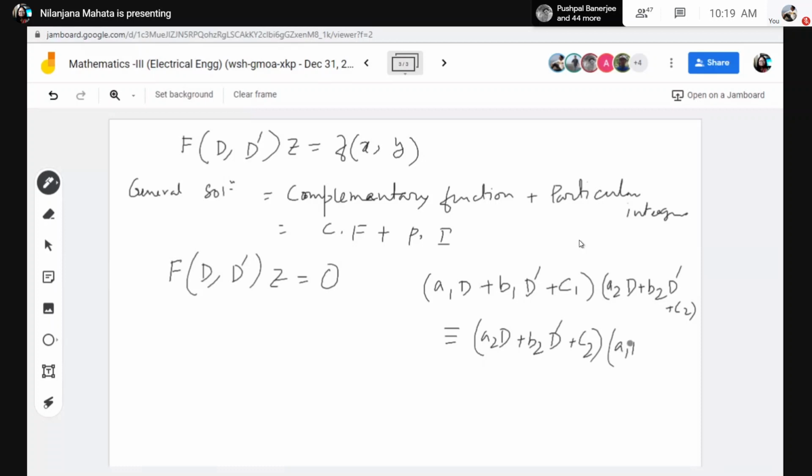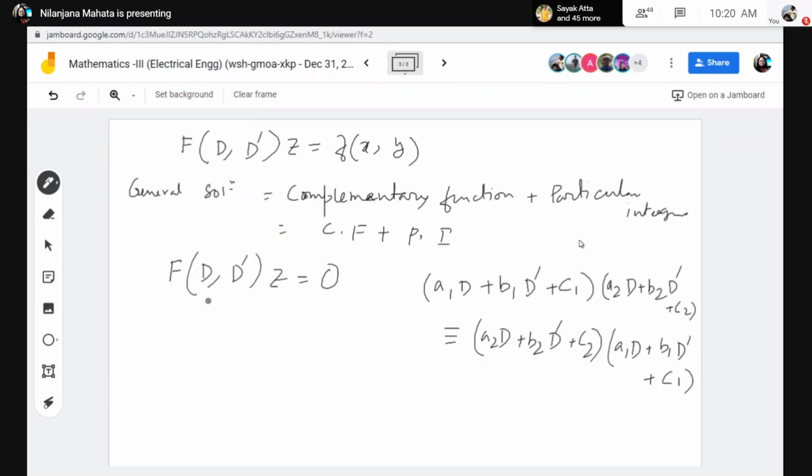I am not giving you the proof, but if someone is interested, there is the proof. So in either way you write down your factors, it doesn't matter, the result will be the same. Suppose n is equal to 2, we will have two factors like this.